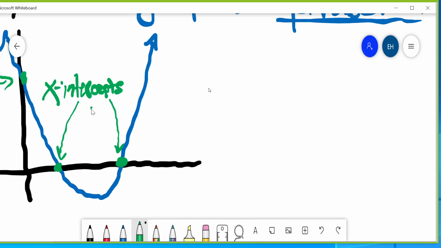This thing right here, this line right here, I can do better than that. Let's pick our vertex first of all. That point is the vertex.